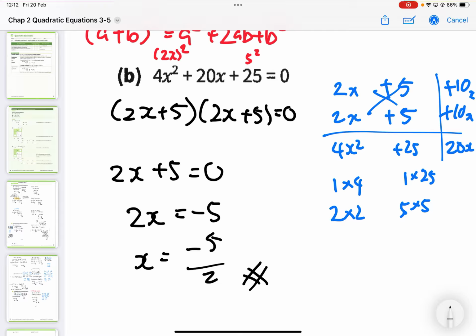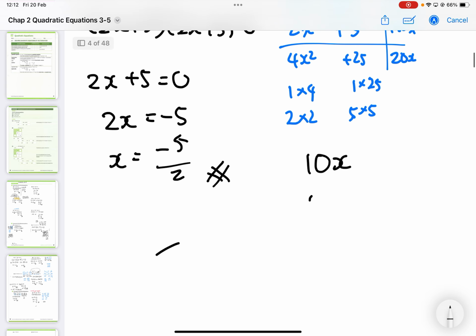x plus x is 2x. 1 apple plus 1 apple is 2 apples. Right? 10x plus 10x. 10 apples plus 10 apples, you have how many apples? 20, no? When we write 10x, what it means is 10 times x. 10x means there are 10 x's, there are 10 apples.